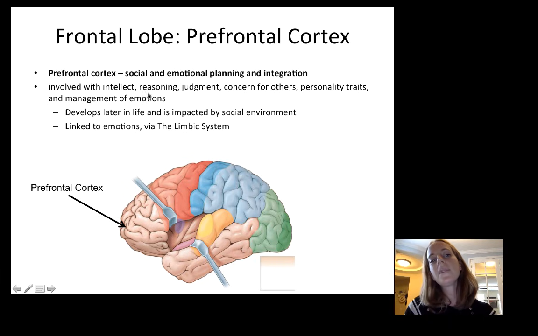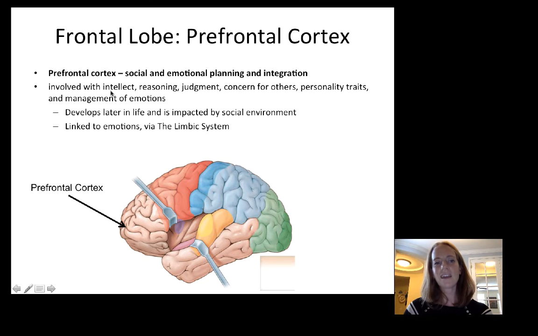So this is an area that's involved in social and emotional planning and integration. Now that's something that's very difficult to test, but we know from patients that have damage to the prefrontal cortex that they have very strange and unusual emotional and social behavior. So it's very interesting case studies about patients with damage to their prefrontal cortex.